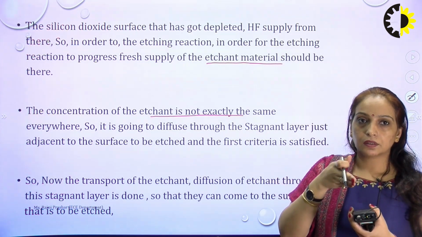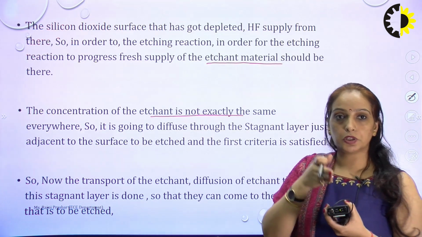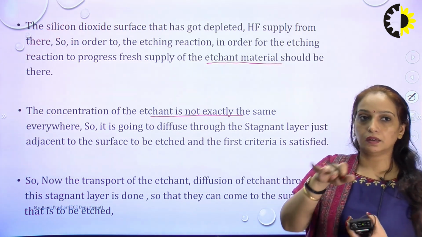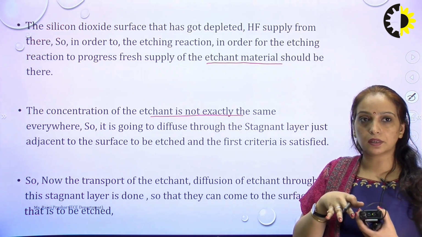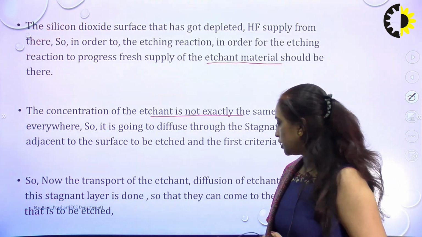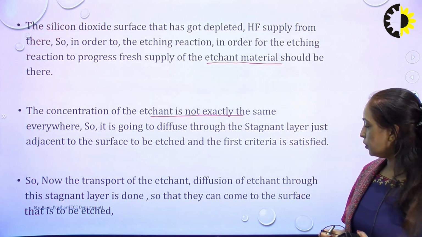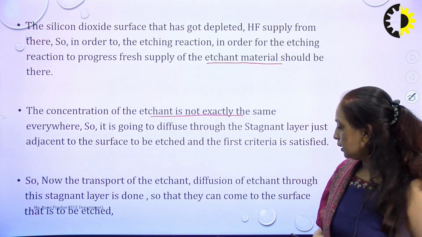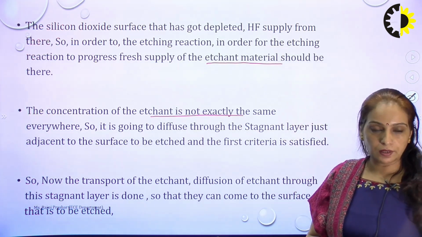So where your etchant solution reacts with the surface, there your concentration gradient will be different, and in the rest of the portion your concentration gradient will be different, right? So to transport the etchant, the diffusion of the etchant through this stagnant layer is done, and they can come to the surface that is to be etched.